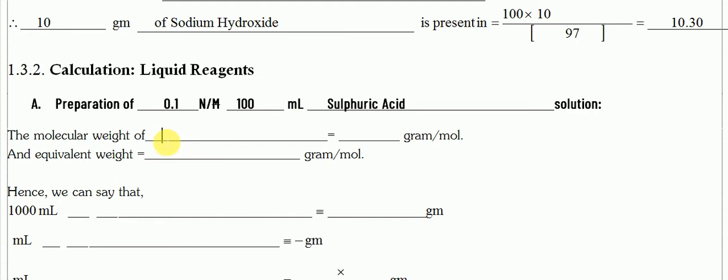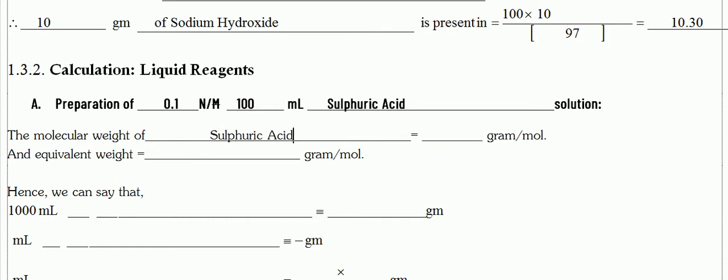The molecular weight of sulfuric acid is approximately 98 gram per mole. Sorry, I have to write out the name of sulfuric acid. Since sulfuric acid is our intended reagent, we have to write the name of sulfuric acid.